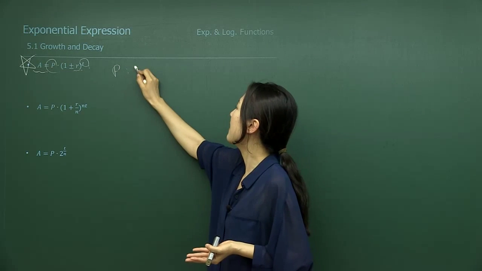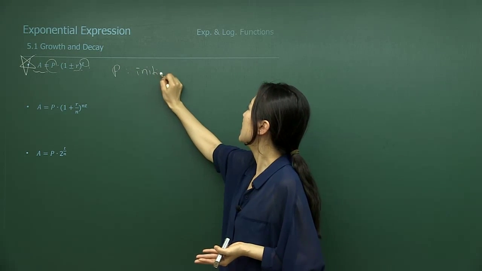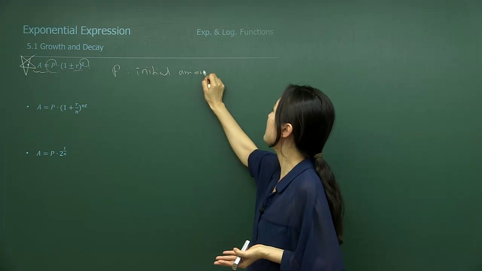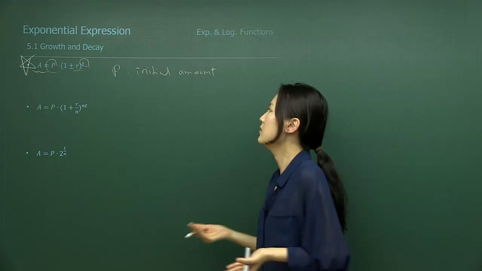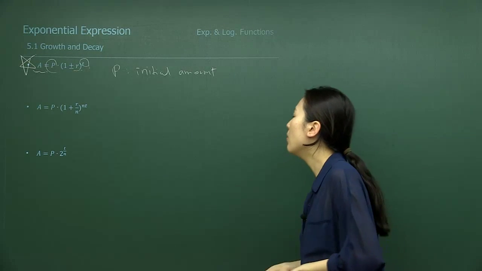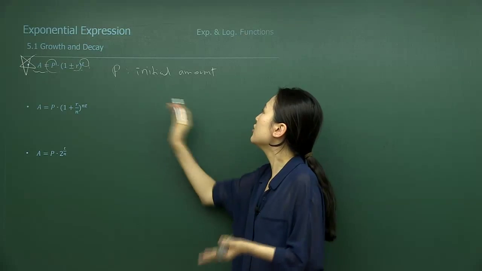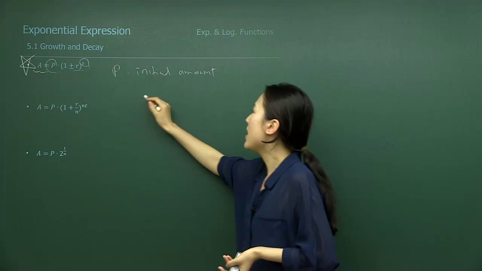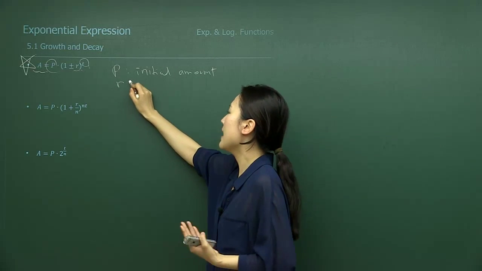P is the initial amount. It could be money. It can be a value. It could be the number of people or anything. So the initial amount of something at any rate.